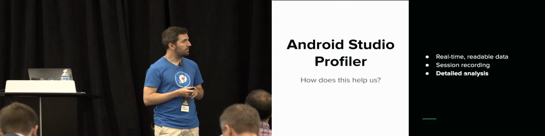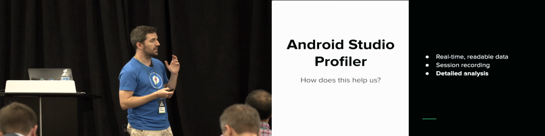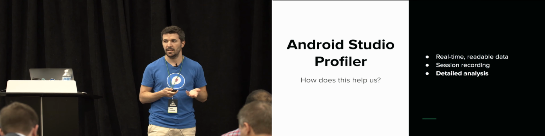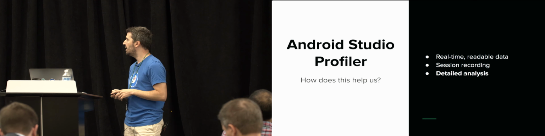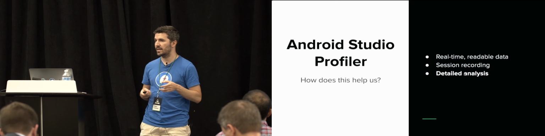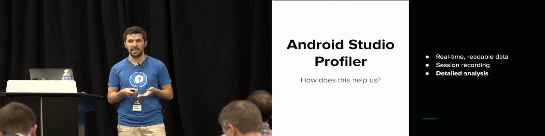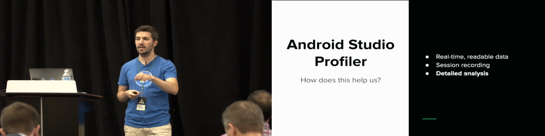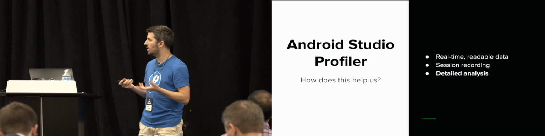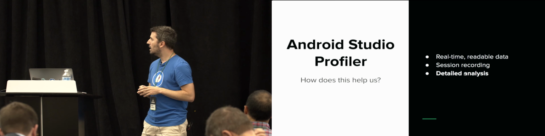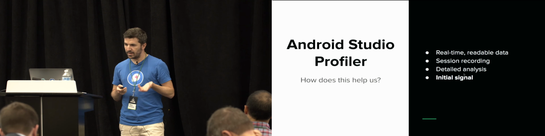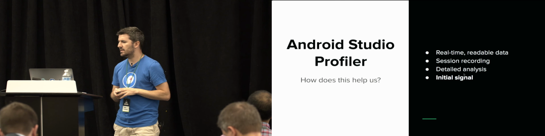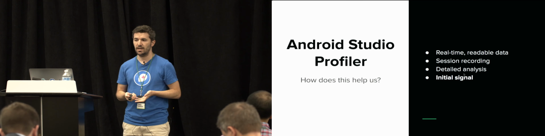Another good thing about the Android Studio Profiler is that it gives you detail and analysis, on a per-method basis. You can go to the method that is causing the problem. But we determined that this is great for an initial signal.